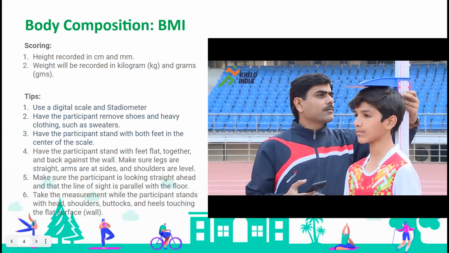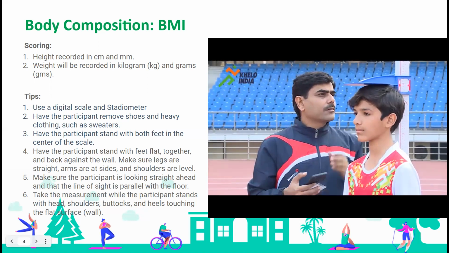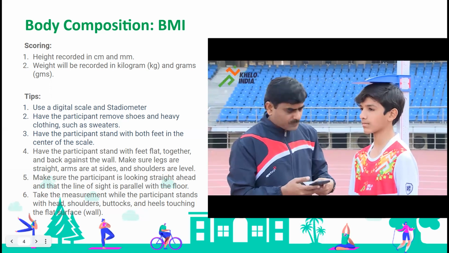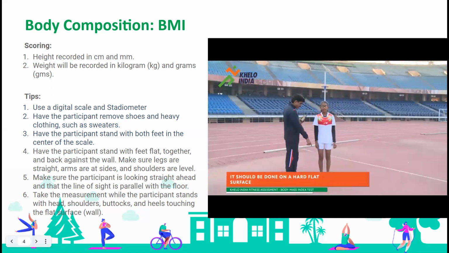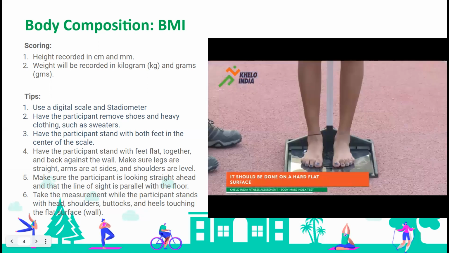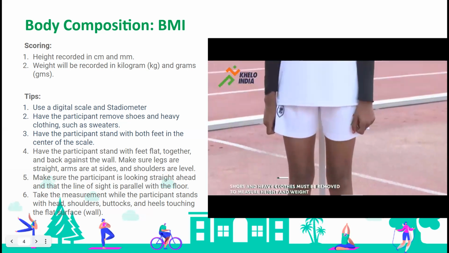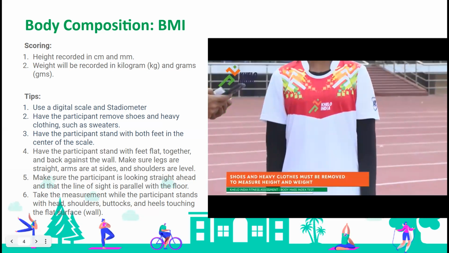To measure the height correctly, a stadiometer is required. If a stadiometer is not there, it could be done against a wall as well with measuring tape pasted on it. It should be done on a hard flat surface. The participant should remove shoes, bulky clothing, hair ornaments and unbraid hair that could interfere with the measurement.